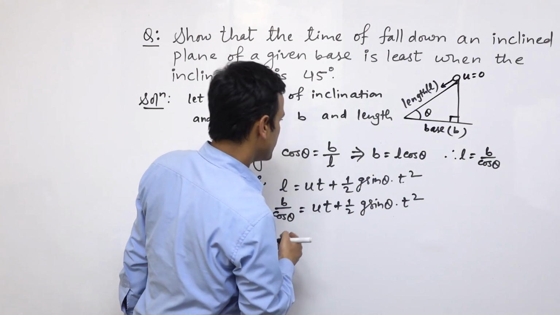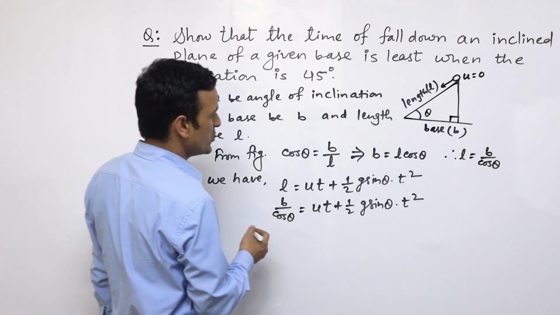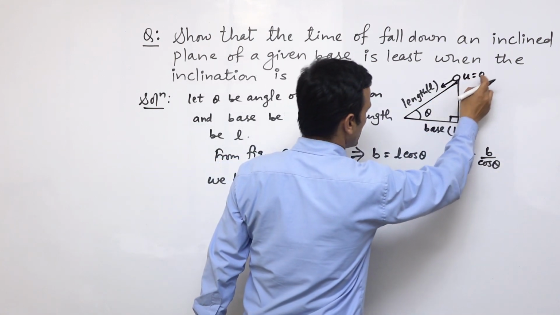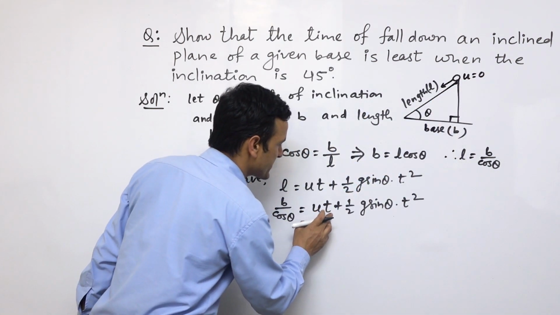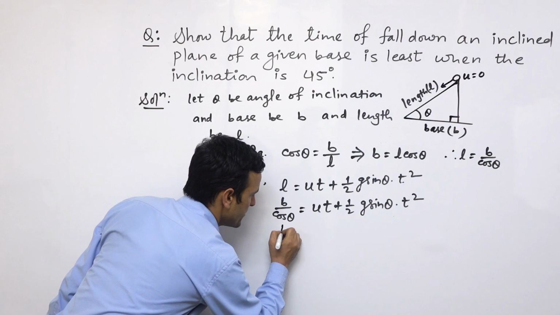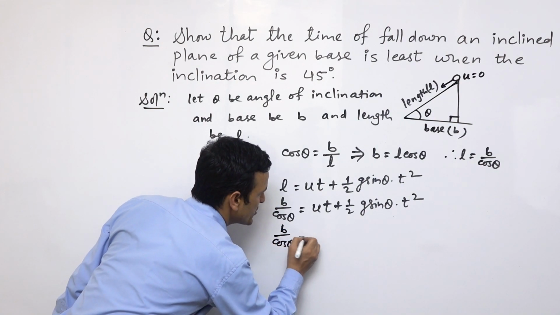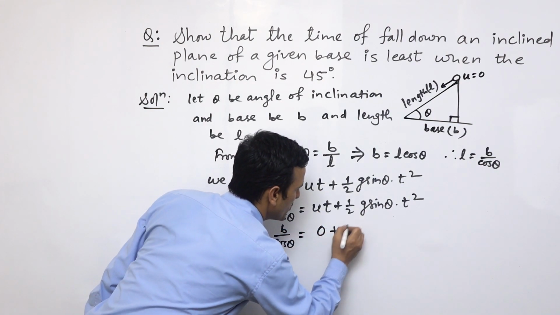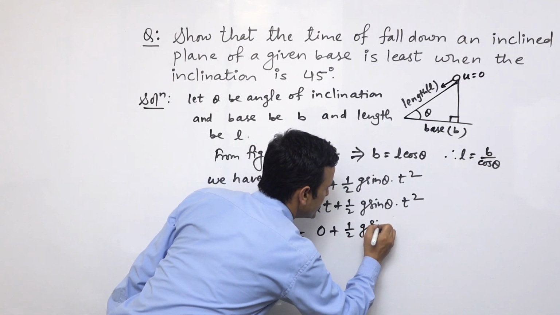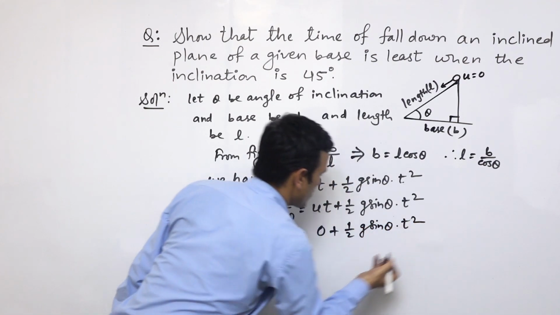t is common here, ut, but u is 0 here, so u is 0. So let's eliminate this value. Now B by cos theta is equal to, u means it is 0, so half g sin theta into t square.